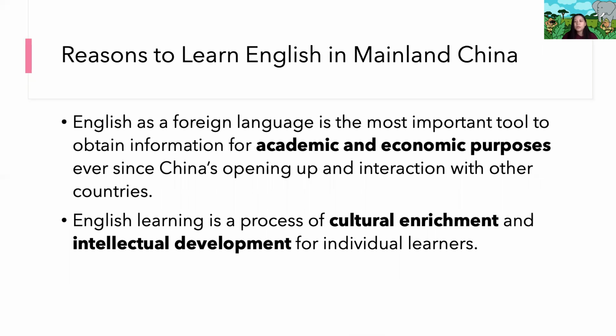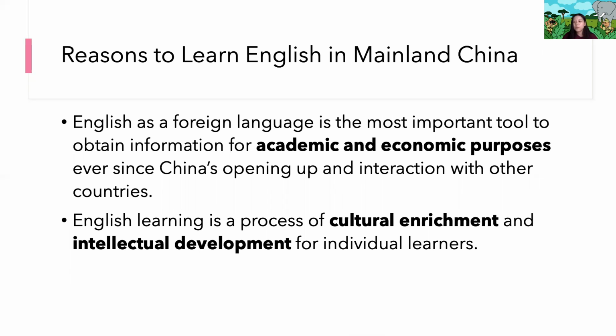Why do people study English extensively in China? Why is there such a huge population in China learning English? The first reason is that English is becoming increasingly critical in today's world. It is an important tool as a world language.